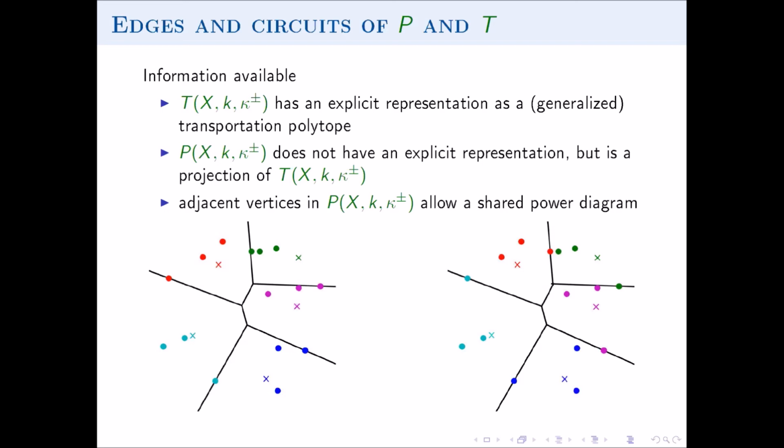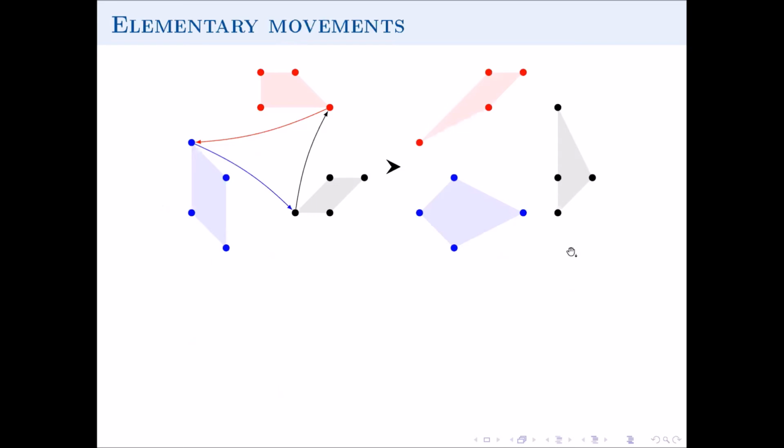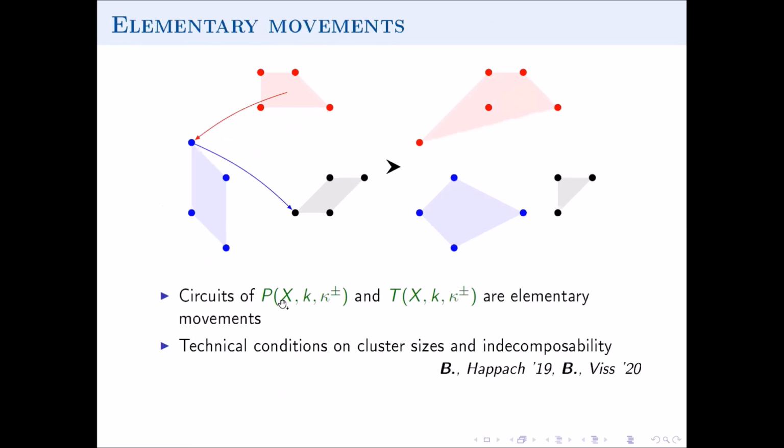Okay, so then the question is, what is it that we do with the items on the boundary? And that's essentially where the characterization of the set of circuits comes in. The circuits of both the partition polytopes and the transportation polytopes are what I'll call elementary movements.